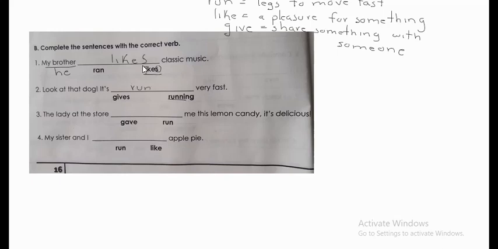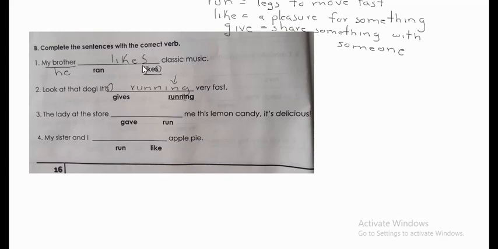Okay? Running, because as you can see, we are using the verb to be here, and when we are using the verb to be, we complete the verb using ing. Okay, we're talking about the present continuous. Okay, in the third case, we have the lady at the store.